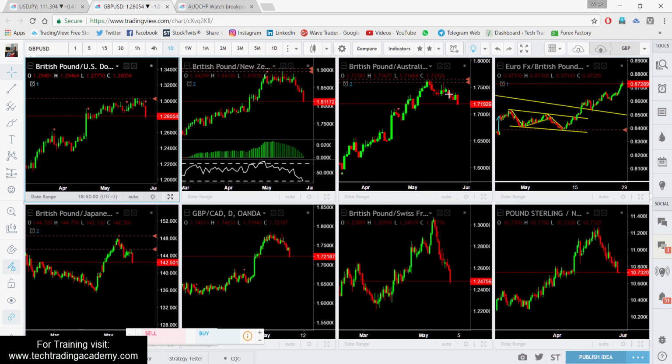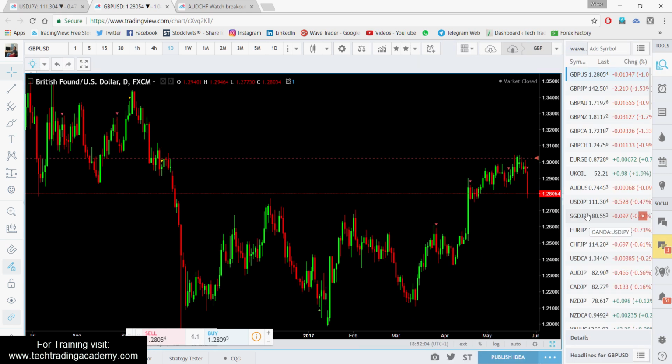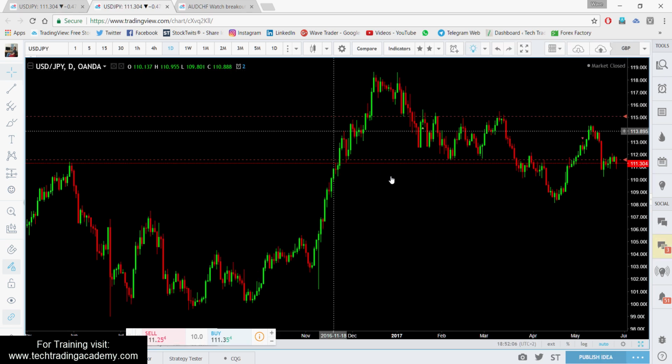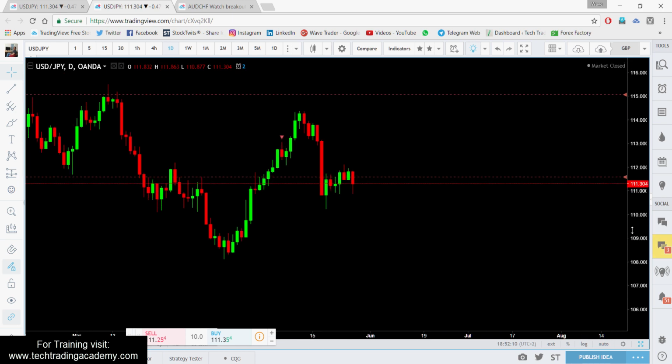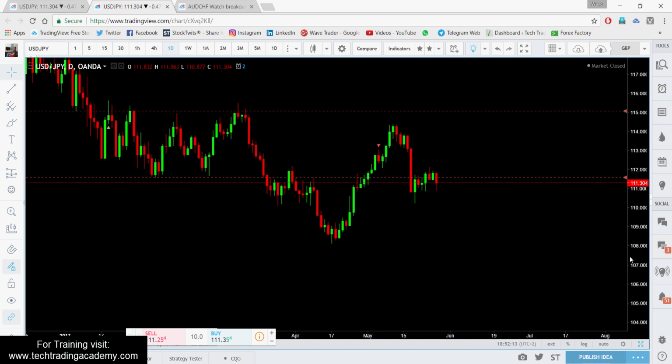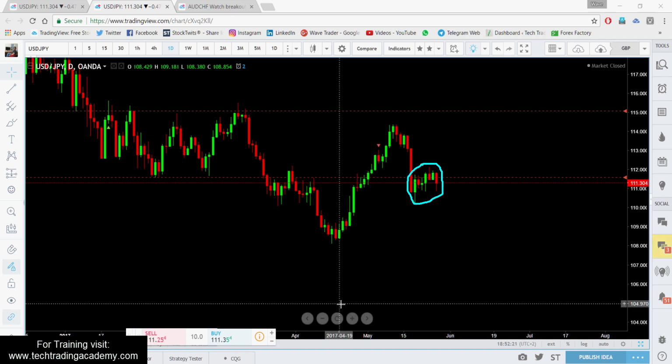Let me look at the daily time frame, so you fellows can see what's going on there. What formation do you see over there, fellows, at this area? What's going on within this circle? Yeah, very ideal trade setup.